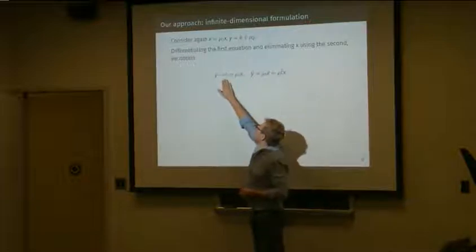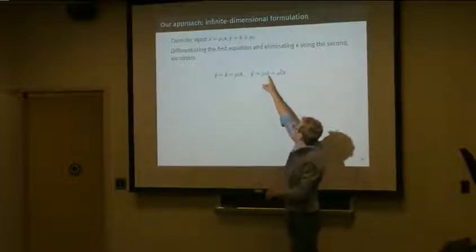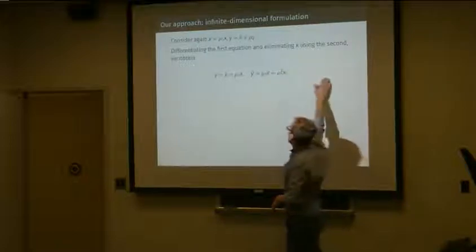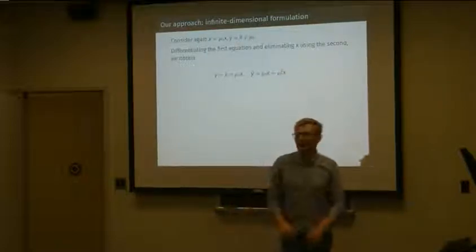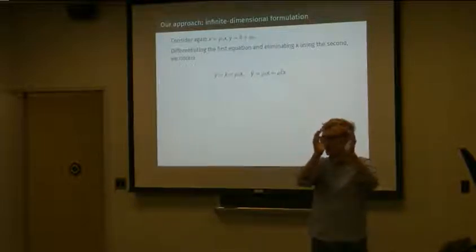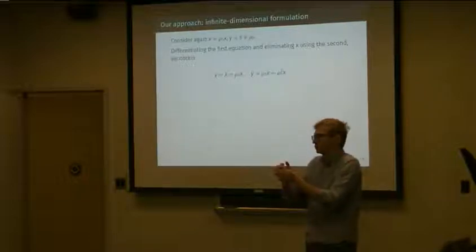So I don't allow x dot to appear, in some sense; I immediately replace it. Then I differentiate one more time, again x dot appears, I again replace it. So after I do this, I will have infinitely many equations of the form: a certain derivative of y is equal to a polynomial in mu1, mu2, x.